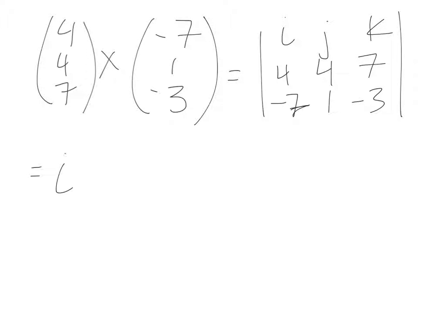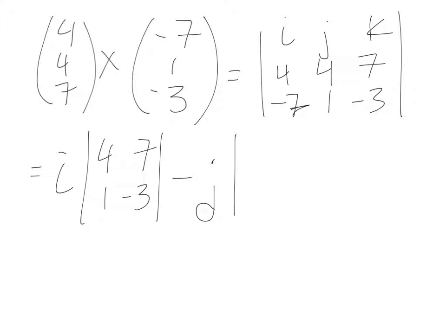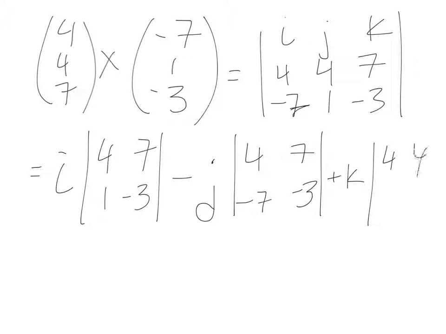It's a positive i, a negative j, and then a positive k. So this is 4, 7, 1, -3, minus j times 4, 7, -7, -3, plus k times 4, 4, -7, 1.